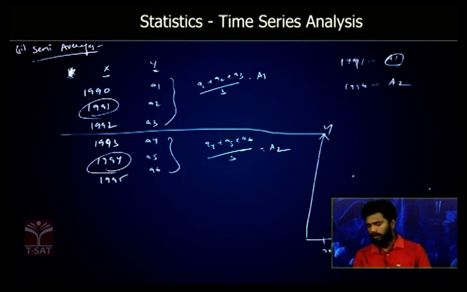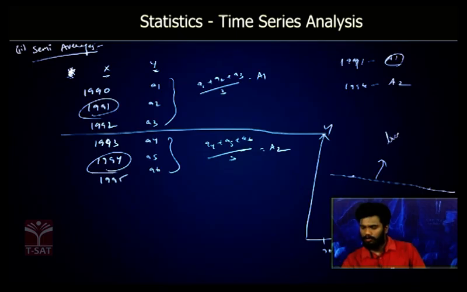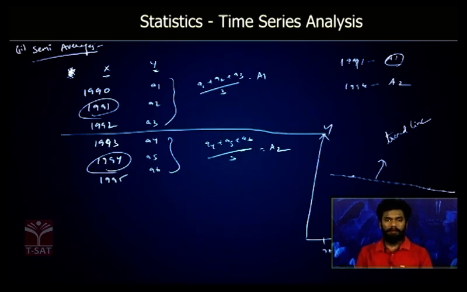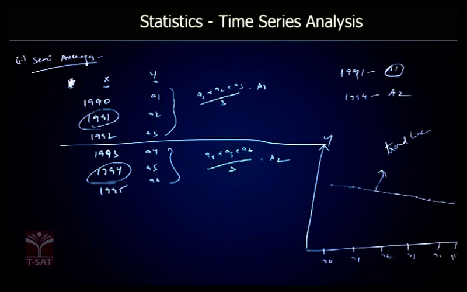I will draw a line joining these 2 points. This line is called the trend line. That's how we calculate the semi-averages method. Just remember the procedure, that's it.